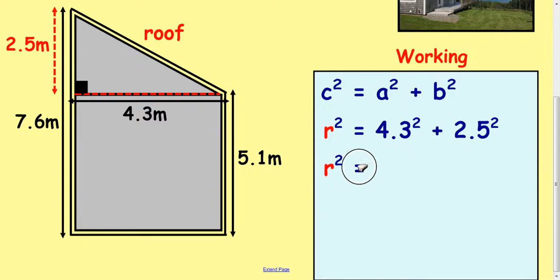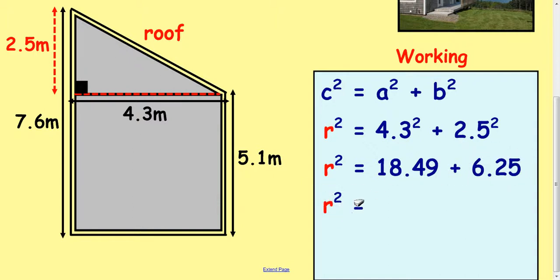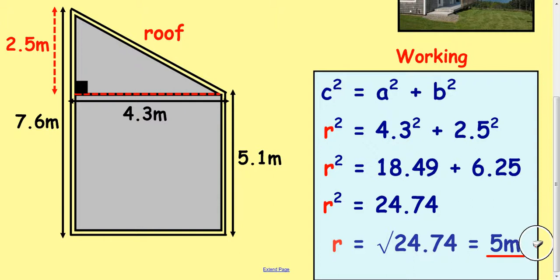Then if we work 4.3 squared out in the calculator, 18.49, the same as the 2.5 squared, and then add these together, we're still r squared at this point, and that comes to 24.74. And finally, to undo this and just work out the length of r, you need to square root your answer there. So the square root of 24.74 gives us roughly 5 meters rounded. And that's it.